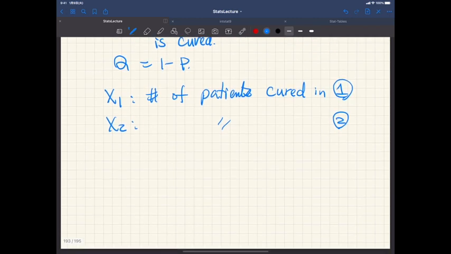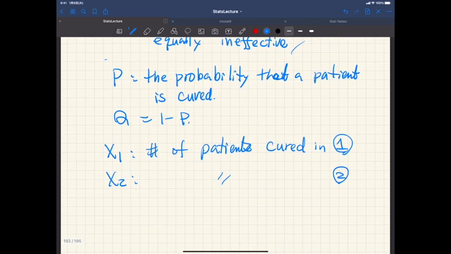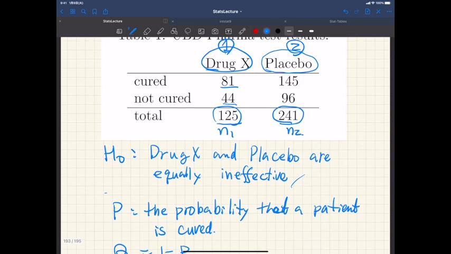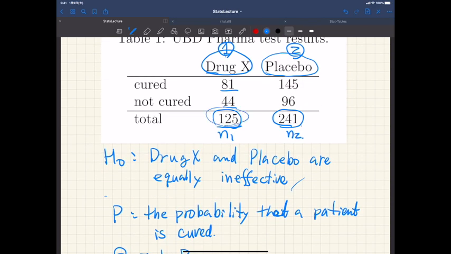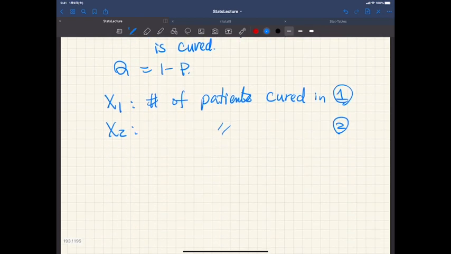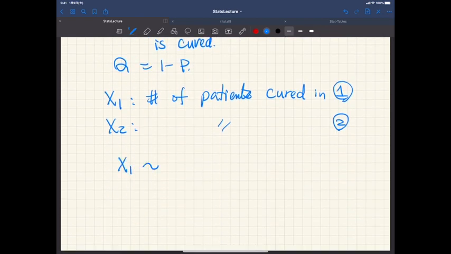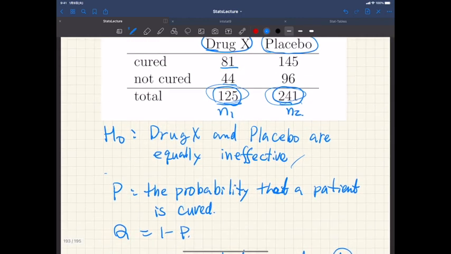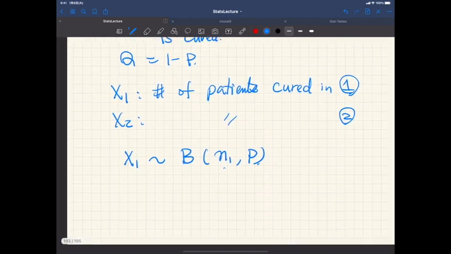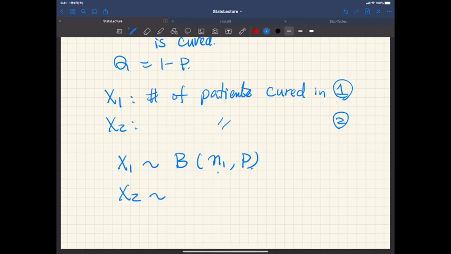Since a patient is either cured or not, and we do this experiment repeatedly for this population, X1 follows a binomial distribution with parameters N1 and P. This N1 is 125. And X2 follows the binomial distribution with parameters N2 and P.